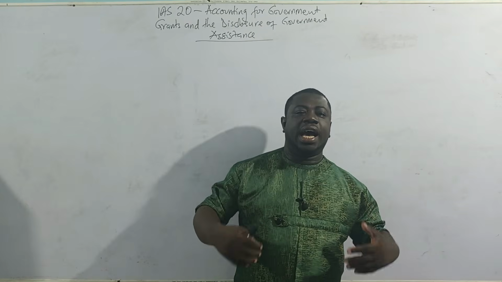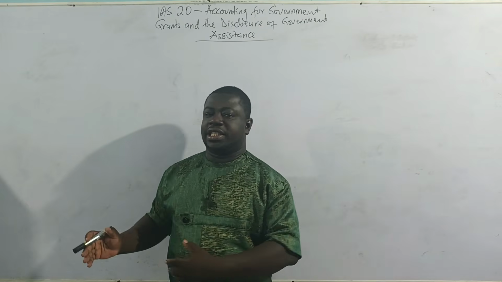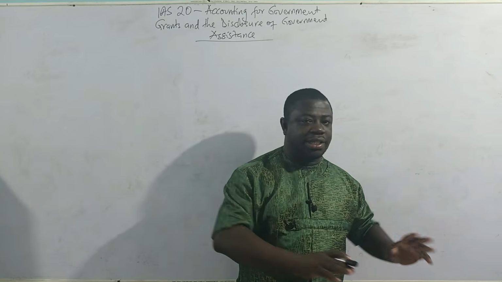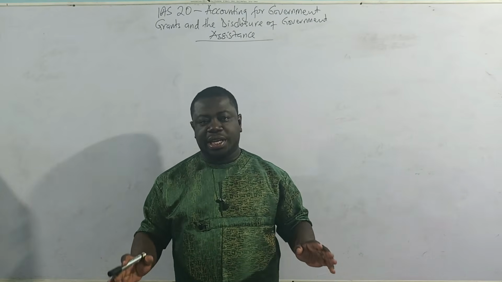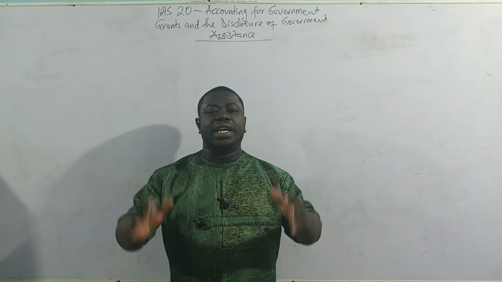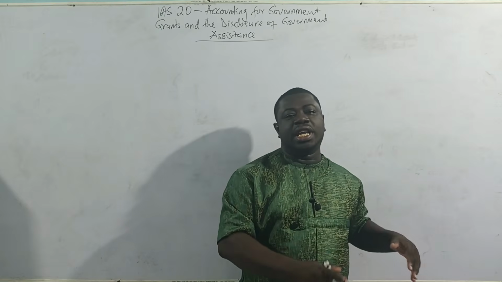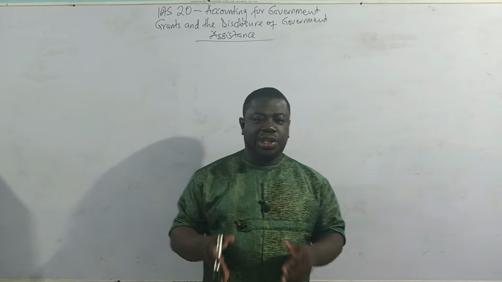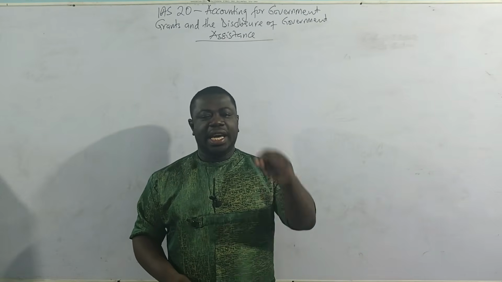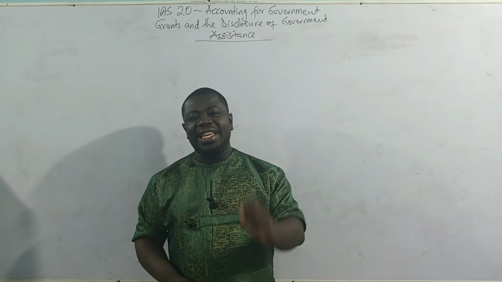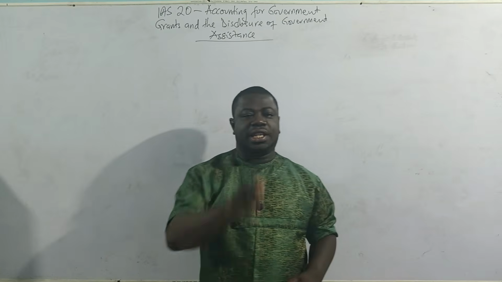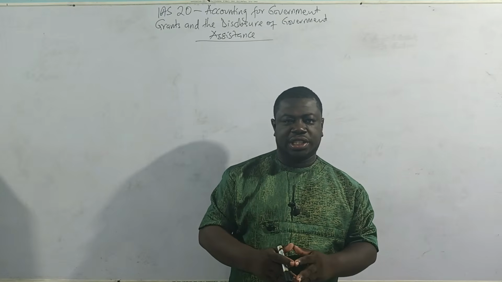Like we say as students, the notes to the financial statement usually involve workings, but it is not just about workings. We need to also provide the notes on accounting policies and all the notes that are required by the various standards, which in this case IAS 20 is telling us that we need to disclose the nature and extent of the grant that has been recognized in the financial statement.